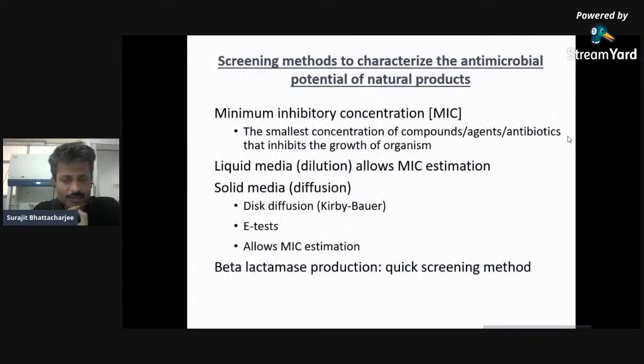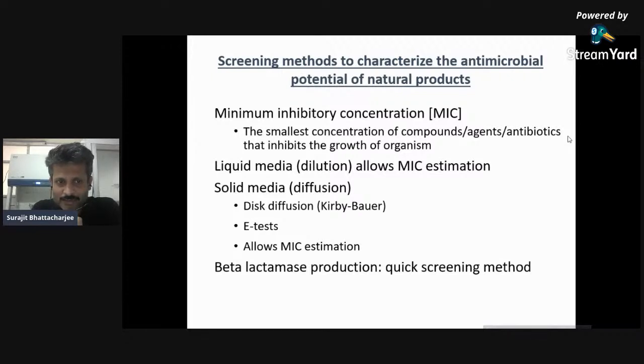Here we can use different methods to screen the antimicrobial activity of new agents or natural products extracted from natural resources. One of the simplest methods is to characterize the minimum inhibitory concentration, the smallest concentration of a compound, agent or antibiotic which can inhibit the growth of an organism.